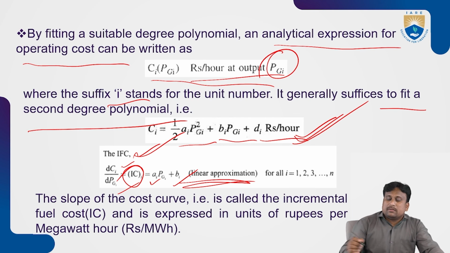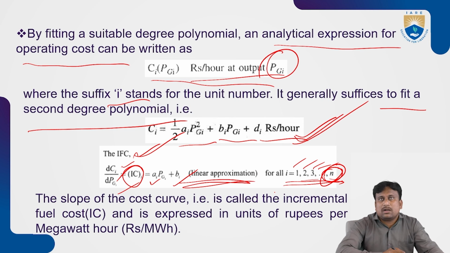Here the unit number goes on increasing: 1, 2, 3, 4, 5, 6, 7, and so on up to n. This is called the unit number.